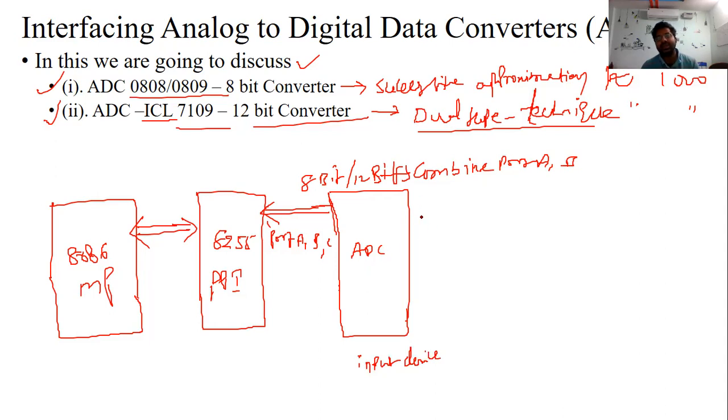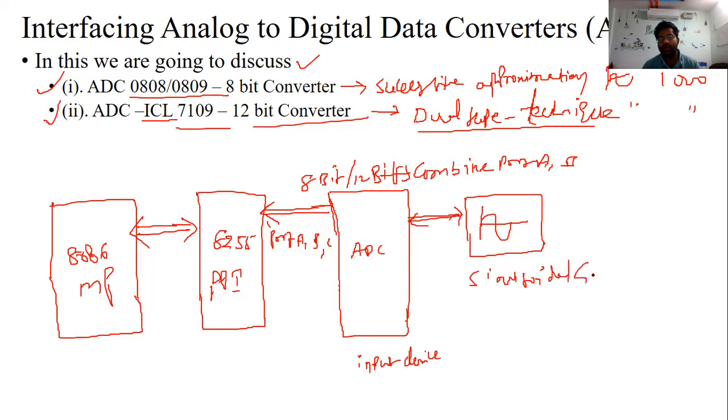To this ADC input you are giving some source, for example, a sinusoidal generator or any generator output.